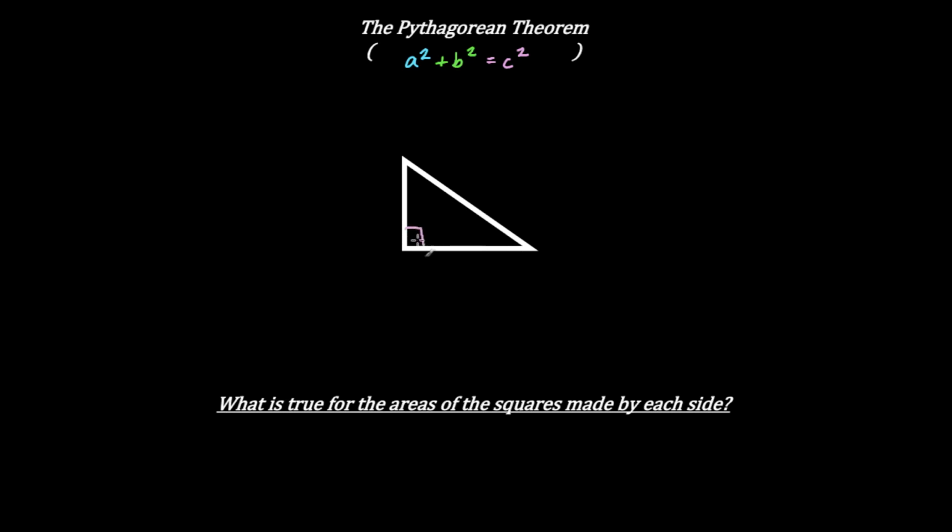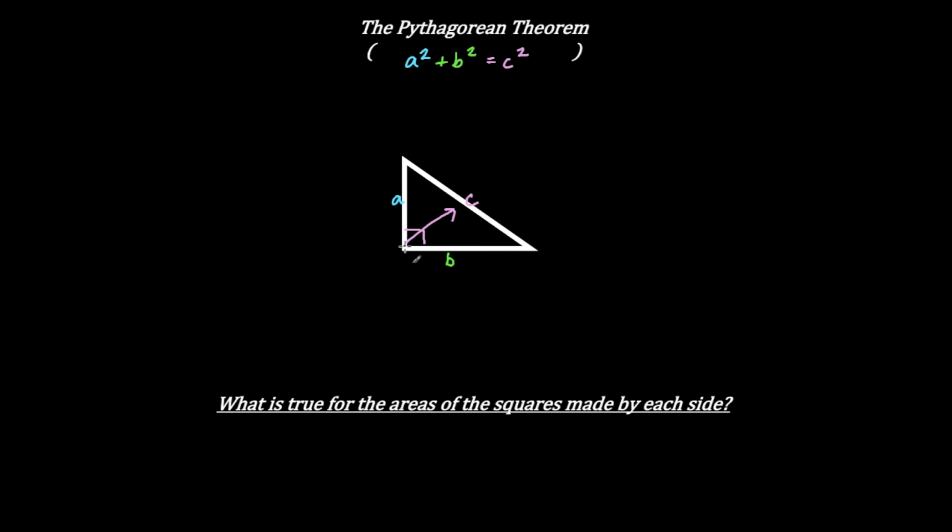Let me show you. We have a right triangle. This would be C. This will be A. Remember, A and B are interchangeable, as far as which one is a leg, it doesn't matter whether this is A or this is A right here. And then we have B. If A is too long, then it's too long.